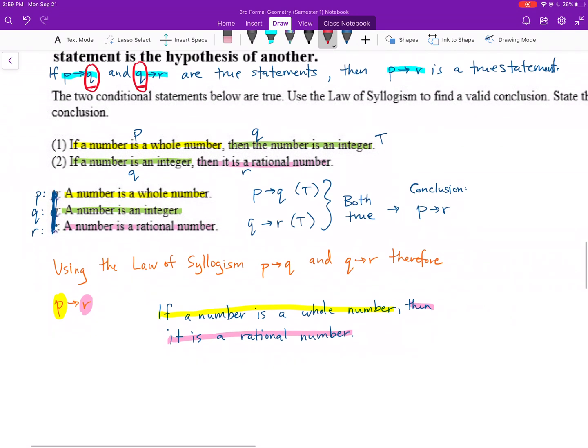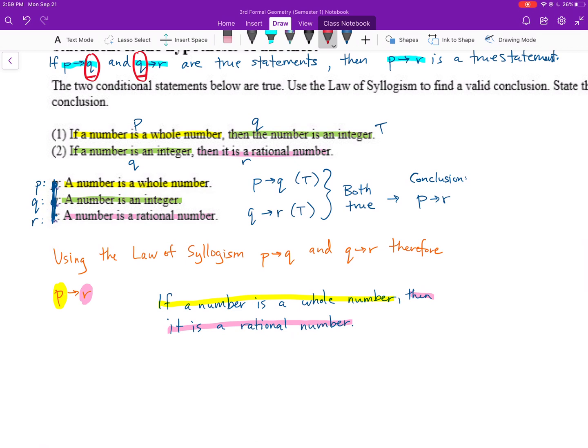So using our example here, it tells me that both statements are true, and if P, which is if a number is a whole number, then the number is an integer, that's my Q. That's true. Okay, and if a number is an integer, my Q, notice how the greens match, then it is a rational number, which is my pink. That is true.